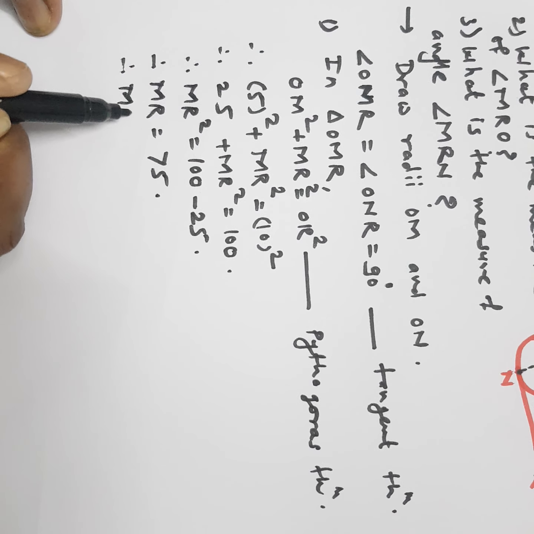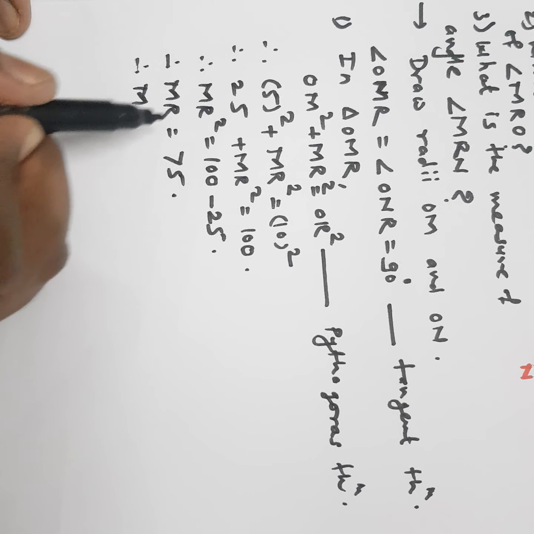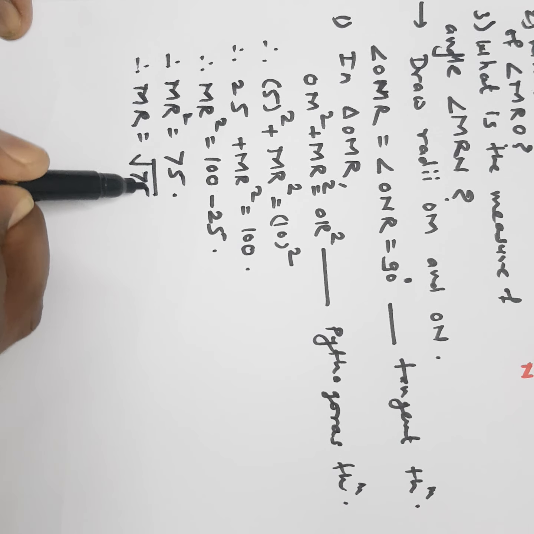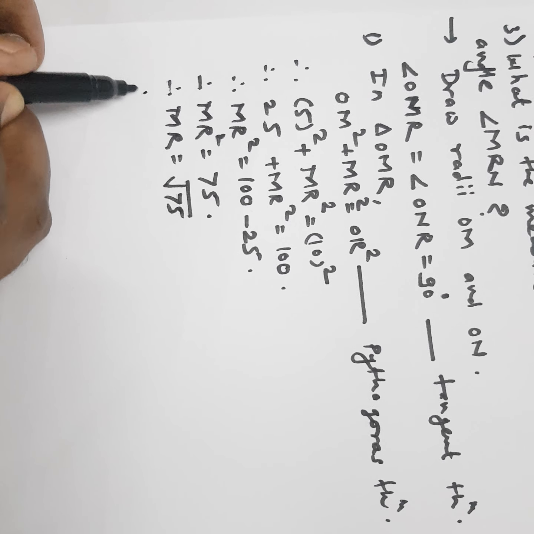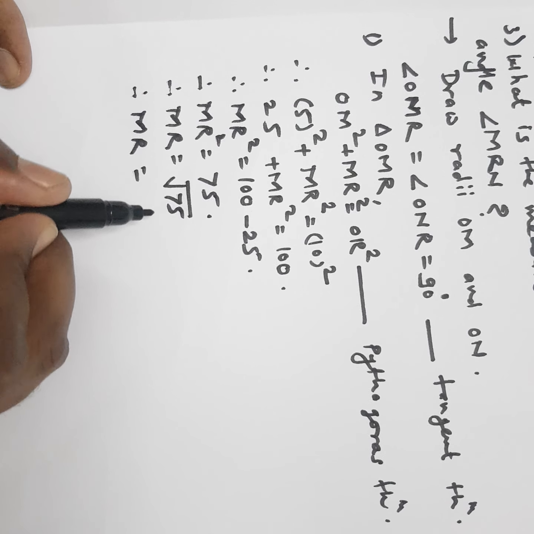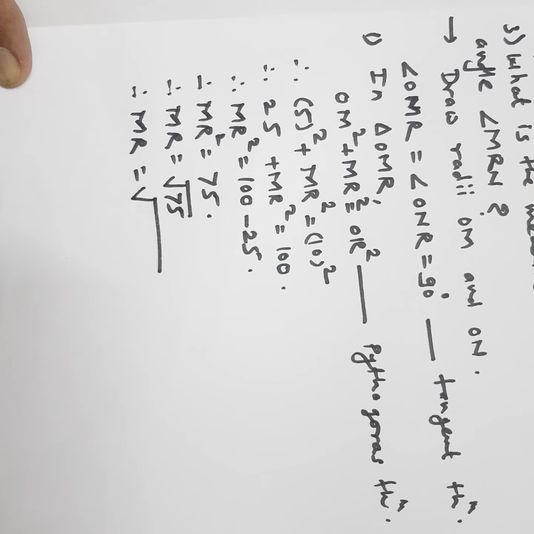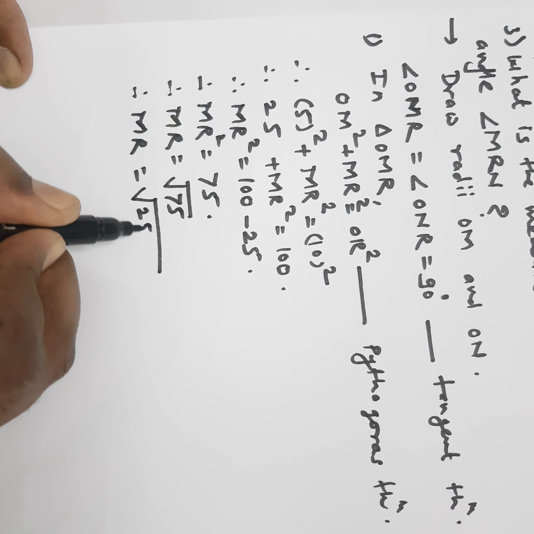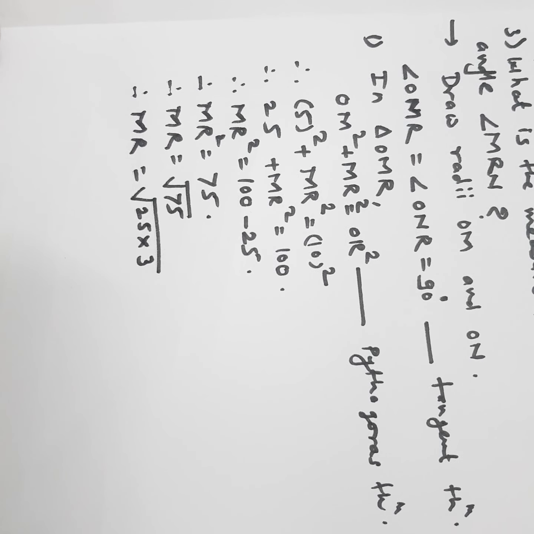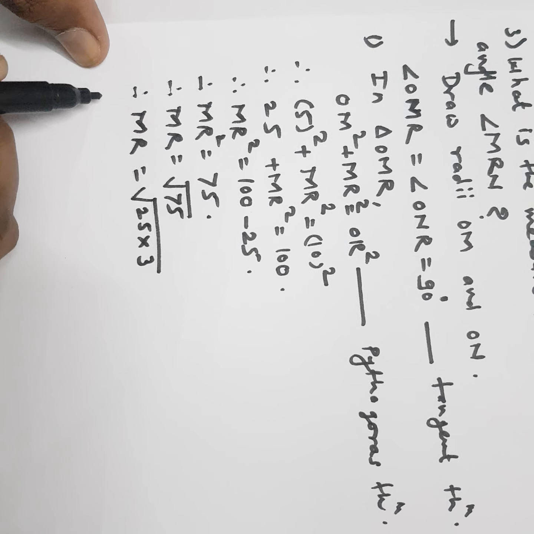Therefore, MR square is equal to 75. Therefore, MR is equal to under root 75. To simplify, we will take the factors of 75, 25 into 3.